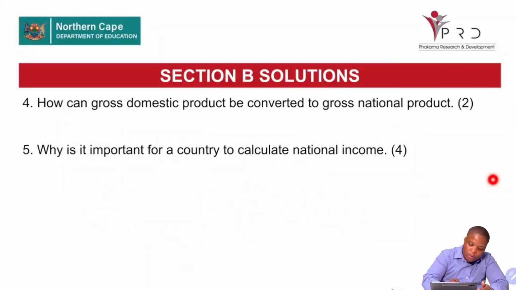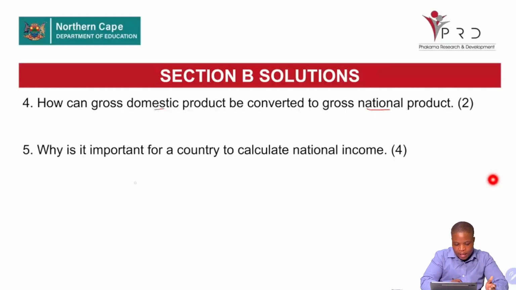So how do we move from GDP to GNP? We must remove the income of all the people from abroad and add our income to South Africa from abroad. What do I mean, grade 12? Remember, GDP includes both residents and non-residents. All the production taking place within our country, we record it in GDP.